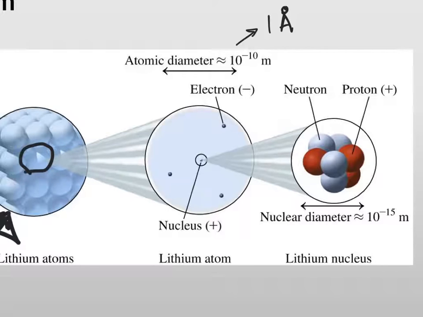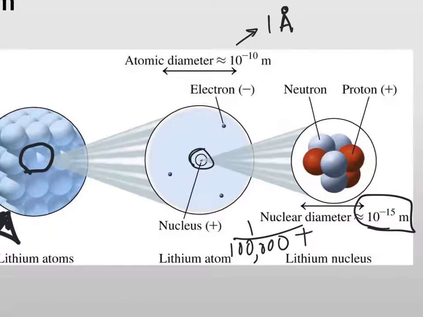Now if you look at the size of the nucleus encircled here, the nuclear diameter is 10 to the negative 15th meters. That's 1/100,000th the size of the entire atom. But it's almost the entire mass of the atom. 99.999% of it, roughly, is in 1/100,000th the size of the entire atom.